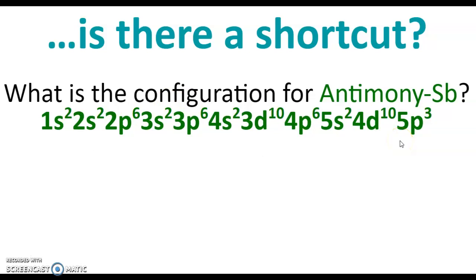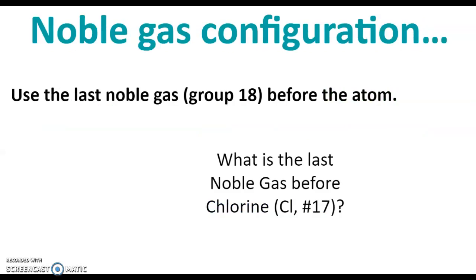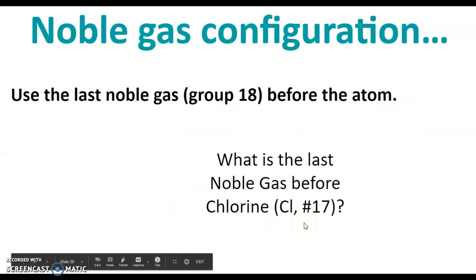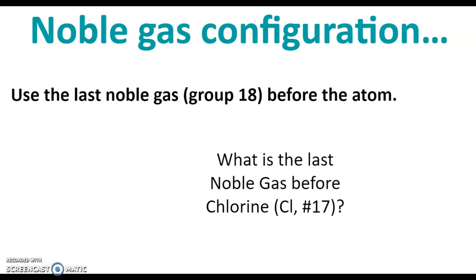The way that you would do a shortcut now is if we use something called the noble gas configuration. And how you use the noble gas configuration is you just use the last noble gas from group 18 before the atom. Take a look at where chlorine is, number 17.